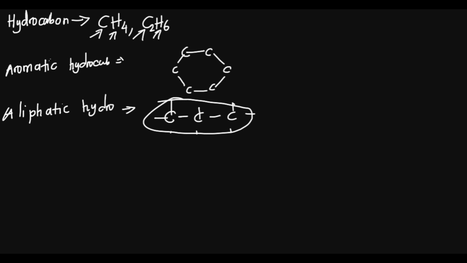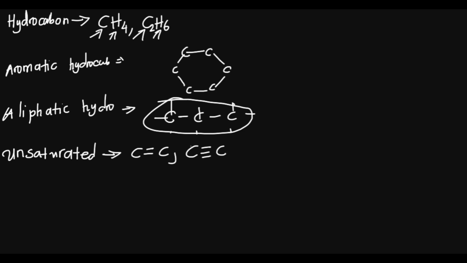Then from there, let's look at the term unsaturated. Under organic chemistry, unsaturated is an organic compound that consists of two or more bonds. So we are looking at a double bond. This is unsaturated. Also, this is unsaturated.